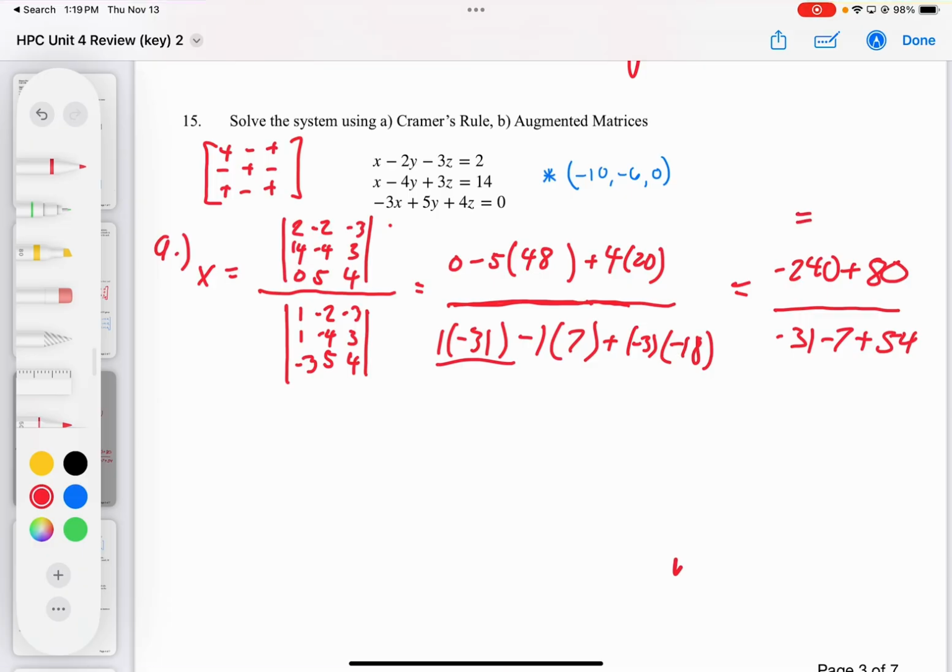So then that's going to equal, let's see. Up top, you would get negative 160. In the bottom, I'm hoping we get 16. Is that math-ing? Difference between 38 and 54? Cool. So then it's going to give us negative 10. So that's my value for x is negative 10.